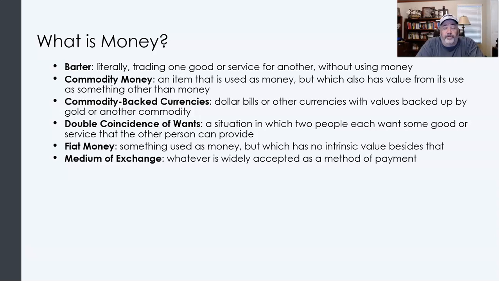And then there's fiat money, which is something that's used as money, but which in and of itself has no intrinsic value. The money right now we use is fiat currency, and the problem with fiat money is that it has no real intrinsic value. That dollar bill, $10 bill, $100 bill, that C note is worth little more than the paper it's printed on and the ink that was used to print on it.